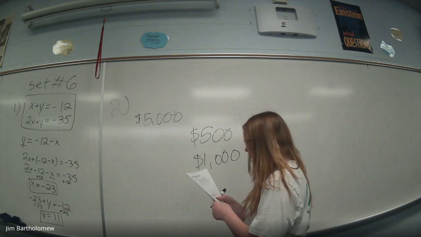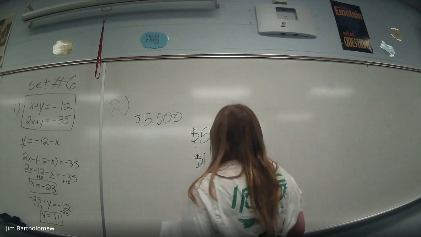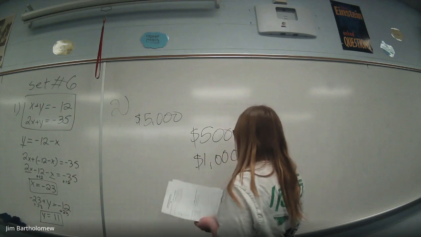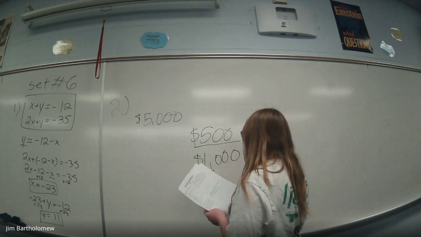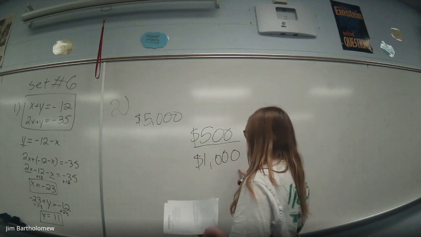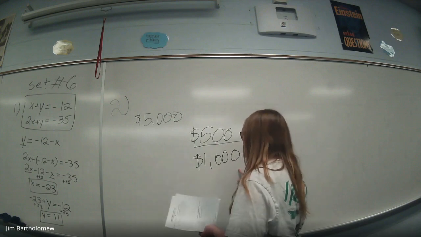of $500 bonuses awarded? Okay, so the thing you're going to want to do is, since you're finding how many 500s there are, you are going to subtract however many 1,000 bonuses that you get, that are possible to get.